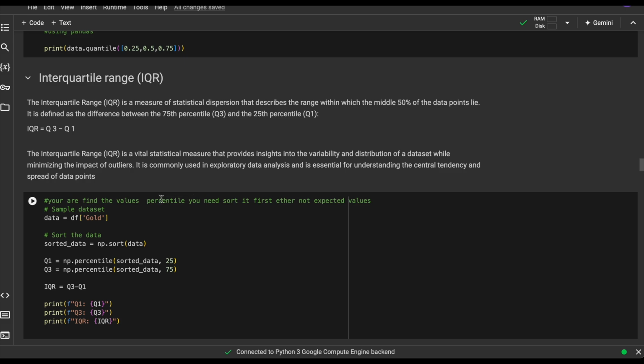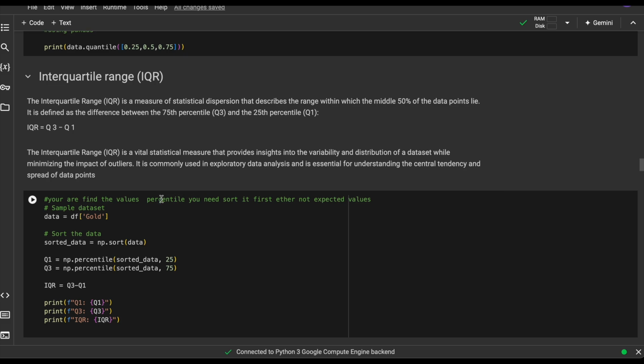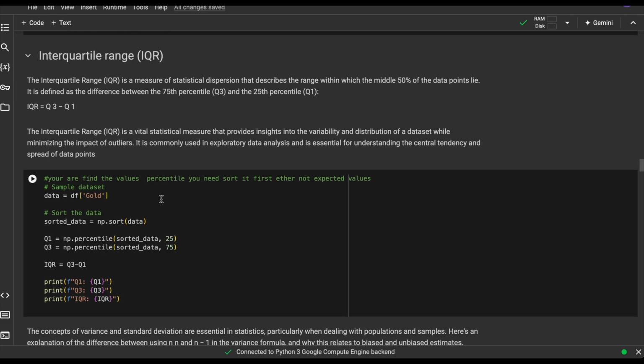Next, the interquartile range. The interquartile range is a measure of statistical dispersion. It represents the range containing the center 50% of the values in the dataset.